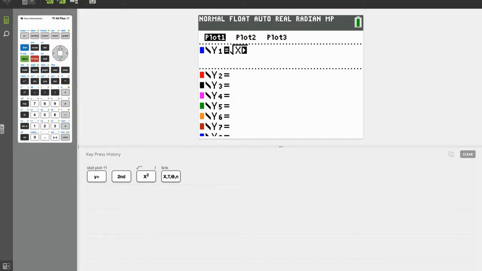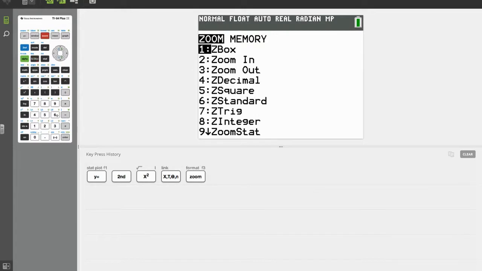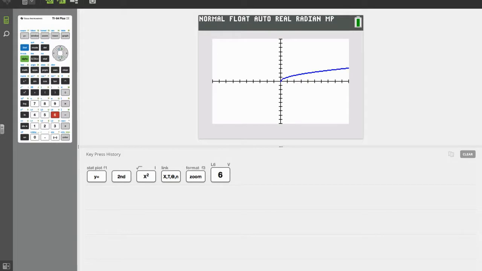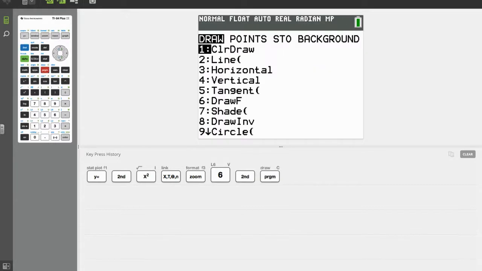Now we're going to go look at the graph, so zoom 6 for a standard window. All right, now we're going to draw our tangent line. So we're going to go to draw, second program. It's highlighted in red on my screen right now. And we're going to select number 5 for tangent, because we're drawing the tangent.